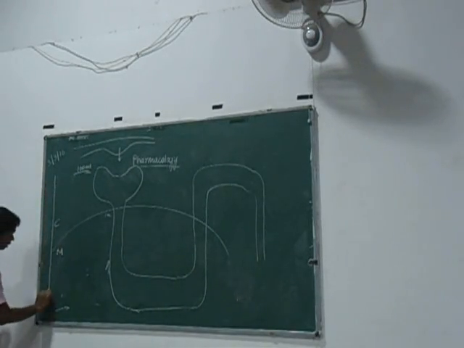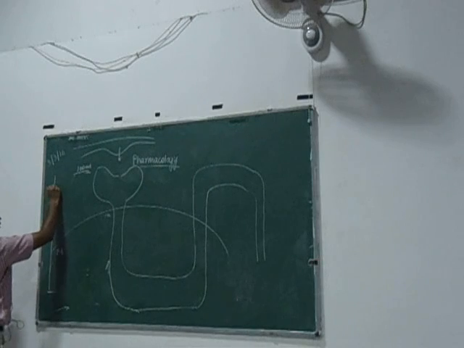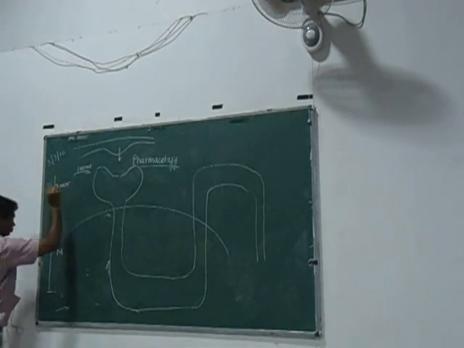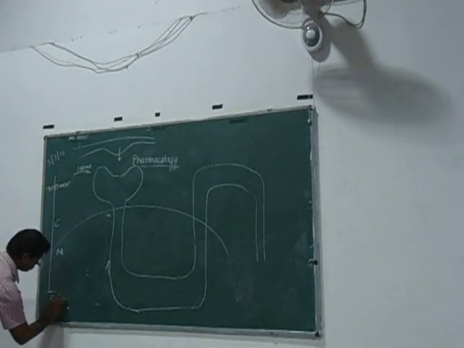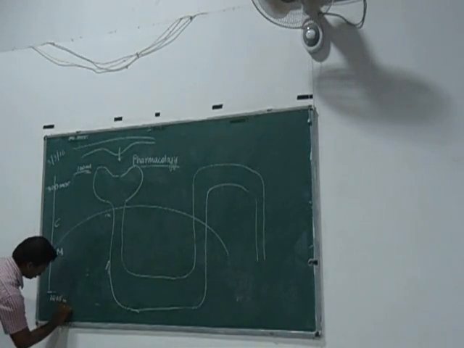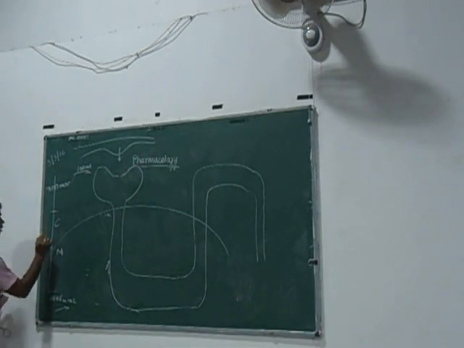The concentration at the cortex we take as around 300 milliosmoles. At the bottom, that is inside the medulla, the concentration will be around 1400 milliosmoles. So what is happening to this concentration? It is going on increasing.